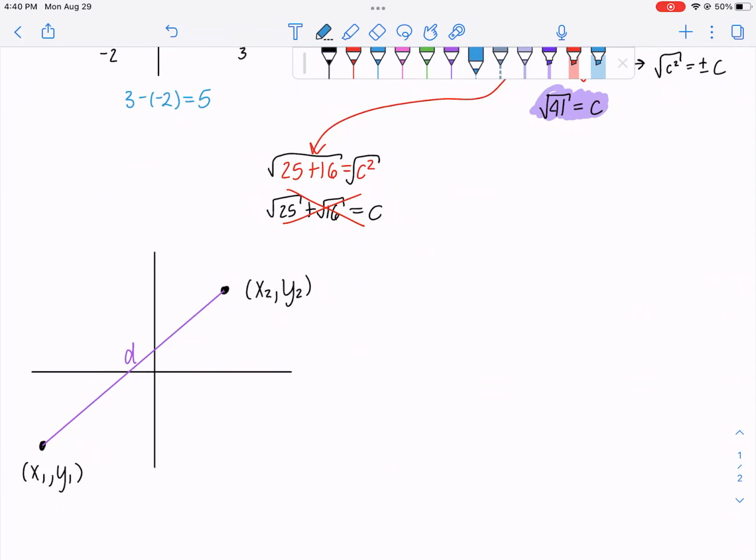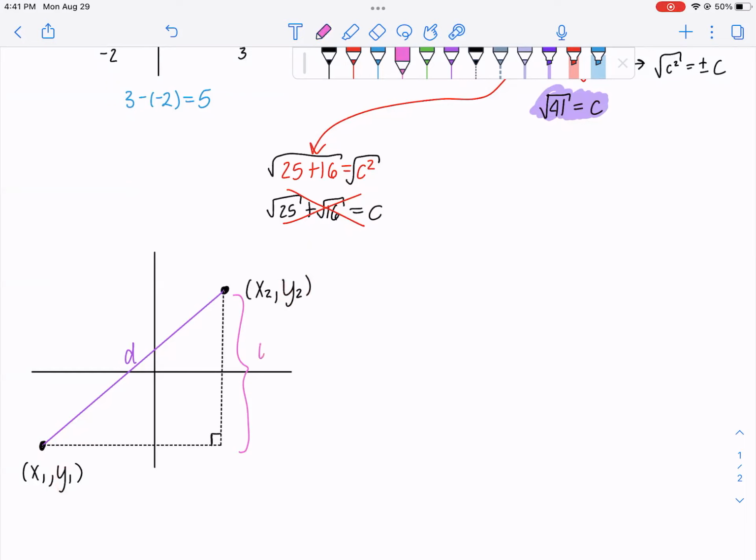Again, we are going to draw ourselves our right triangle, but this time with generalized points. So the distance here for this leg of the right triangle is going to be the upper y value minus the lower y value.